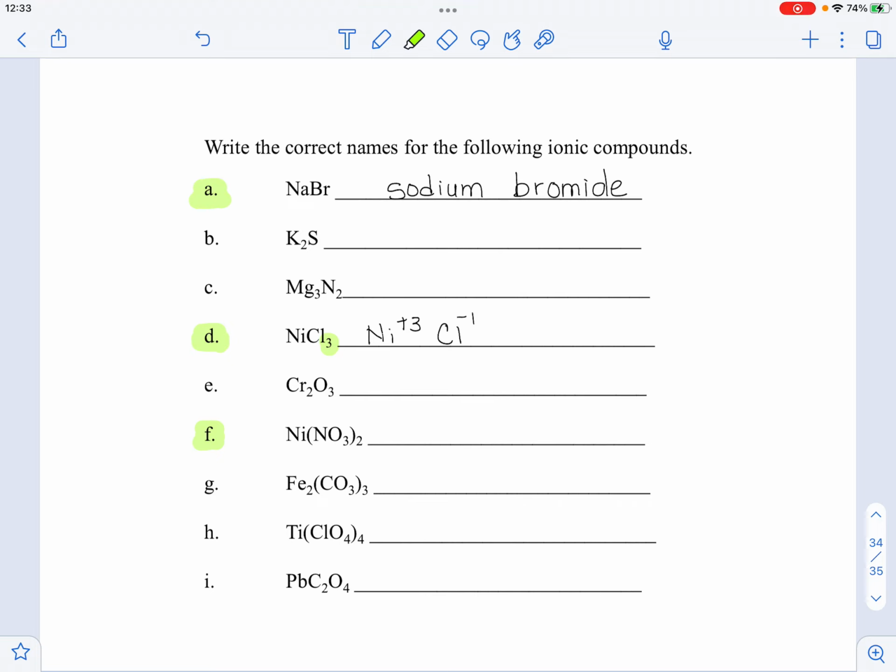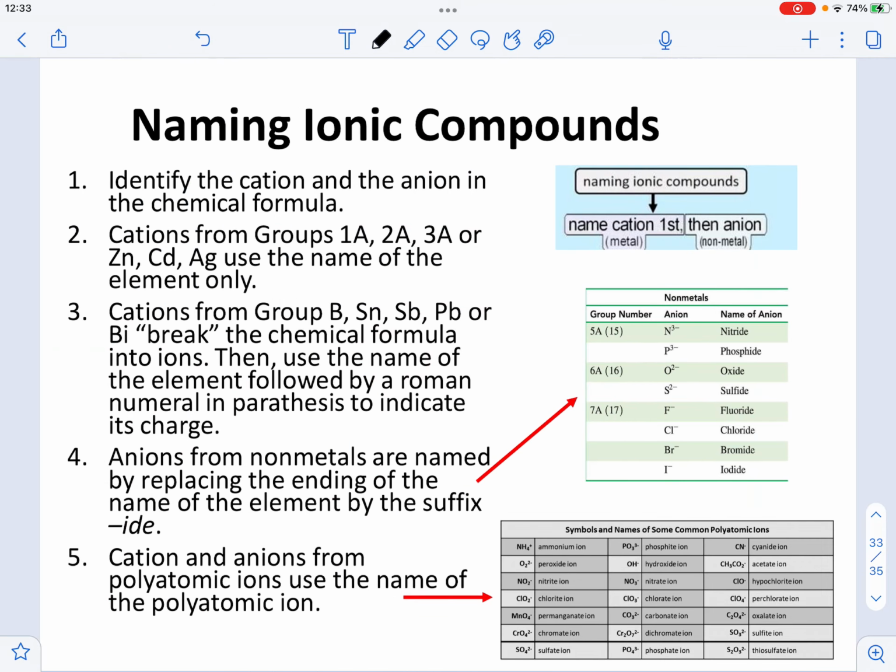Now that I broke this into ions, I'm going to proceed to name this compound. As you can see in rule number 3, for elements that live in group B, I'm going to use the name of the element followed by a Roman numeral in parentheses to indicate its charge.